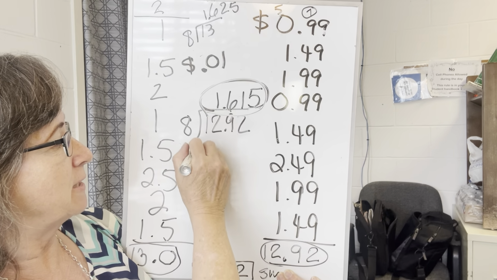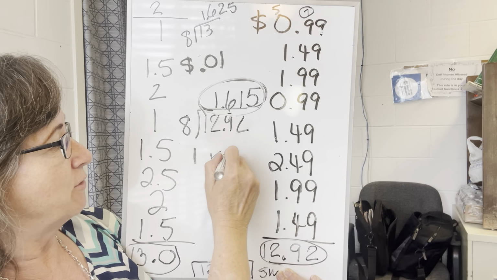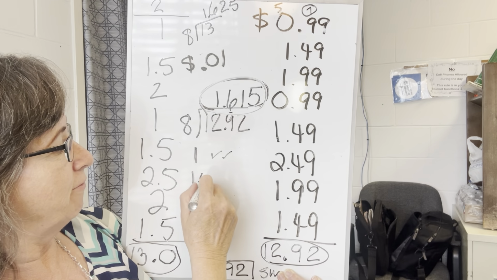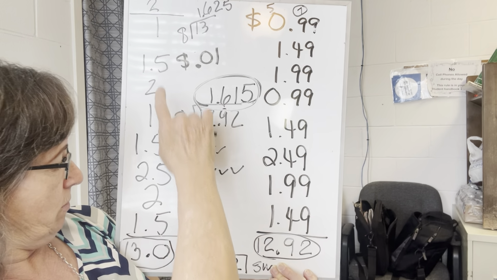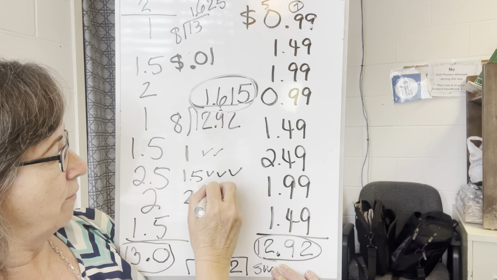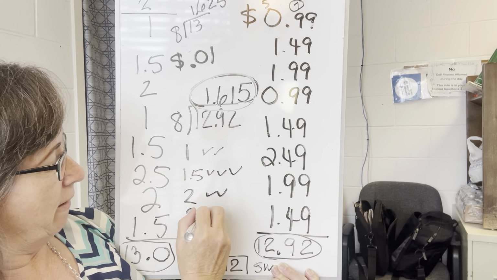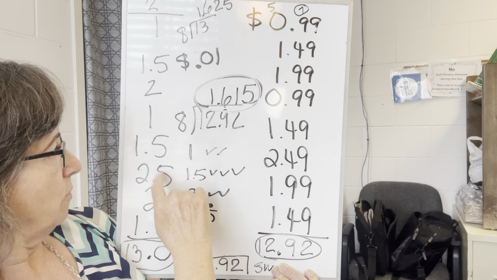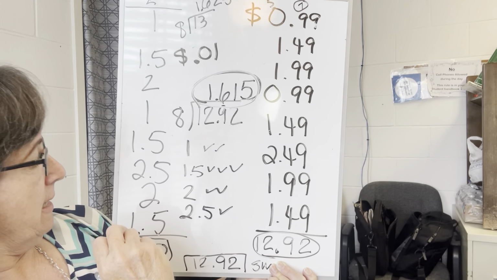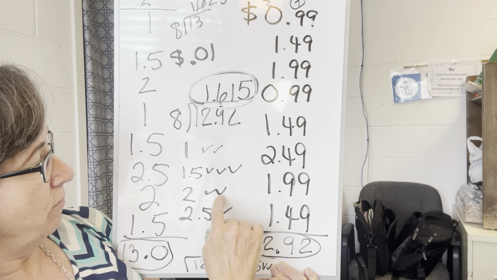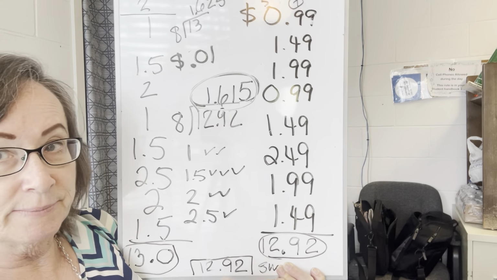Let's make a little stem and leaf plot. 1, we have 2 of those. 1.5, we have 1, 2, 3 of them. 2, we have 2 of them. In 2.5s, we have 1 of them. And that's it. 1, 2, 3, 4, 5, 6, 7, 8.